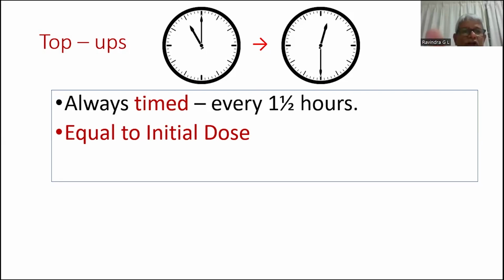Whereas in labor epidurals, the dose given for every top up is the same as the first dose. Now, this is a significant difference. Always time top ups every 90 minutes and always equal to the initial dose. That means if you have given 15 ml as the first dose, give 15 ml again as the first top up.